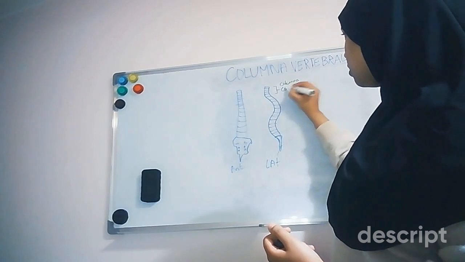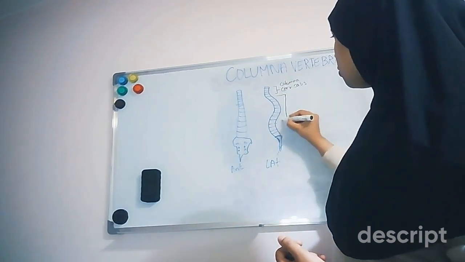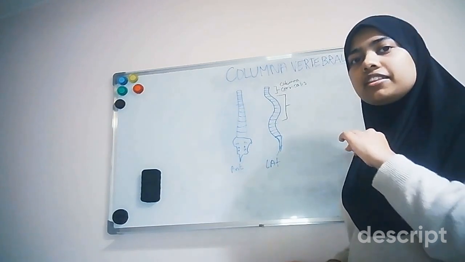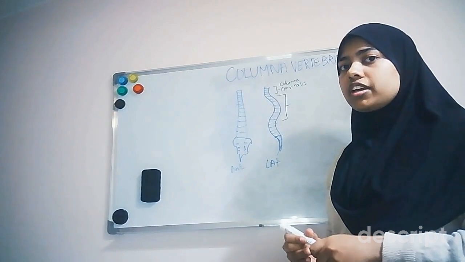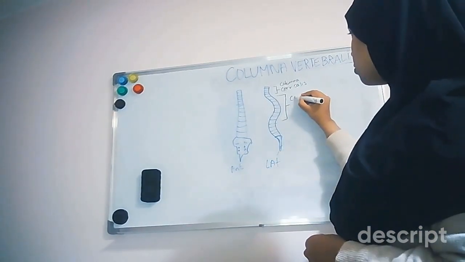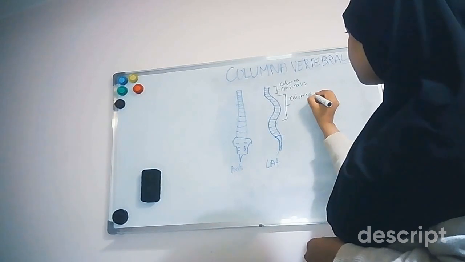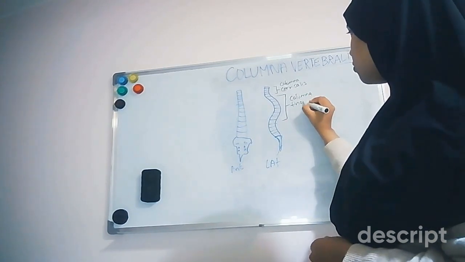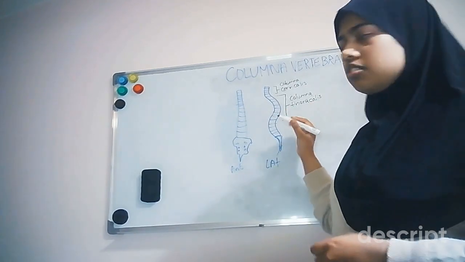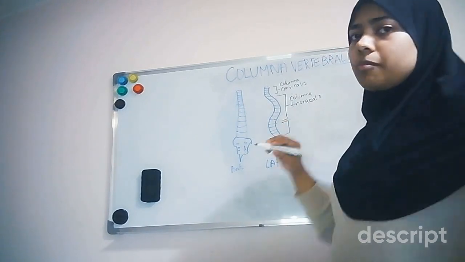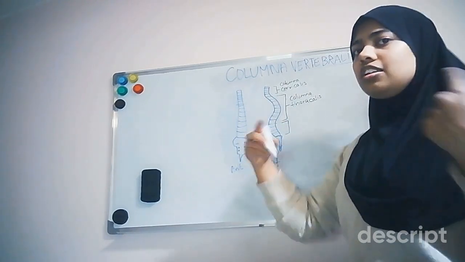And then we have the part of the spine that goes through our thorax, and that's called columna thoracalis. Then we have the lower back, and that's called columna lumbalis.